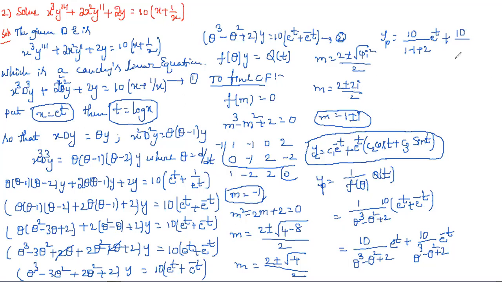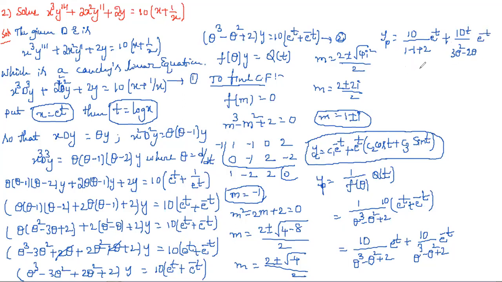For that we can apply the derivative: 10t by 3 theta square minus 2 theta into e power minus t.